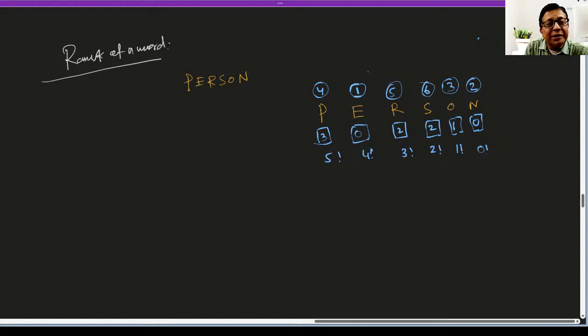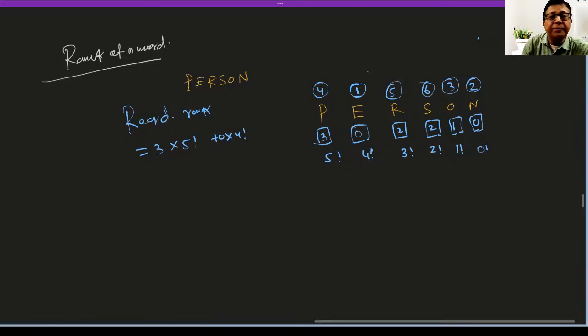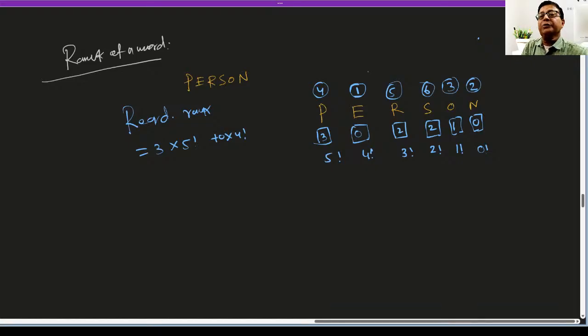So here, required rank will be 3 into 5 factorial, 0 into 4 factorial, 2 into 3 factorial, 2 into 2 factorial, plus 1 into 1 factorial, plus 0 into 0 factorial.